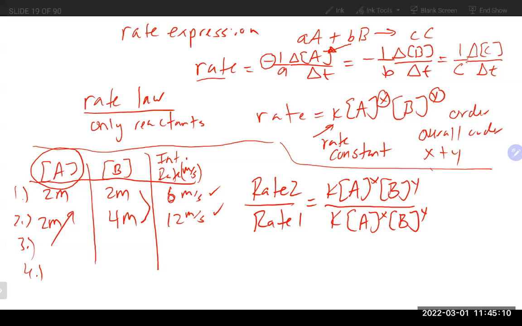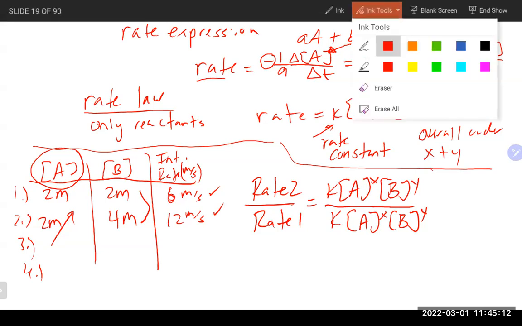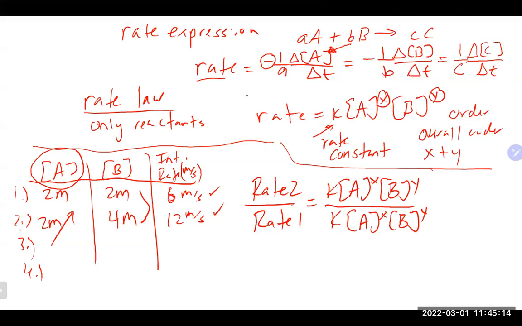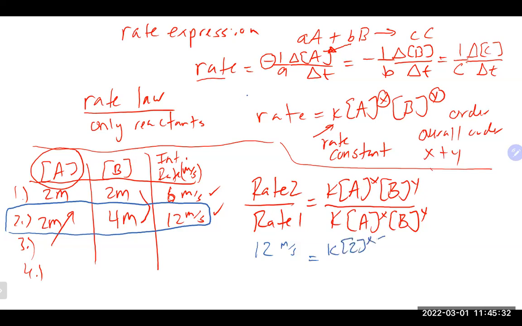So if I was going to take those two, I would take all the information for entry number 2, since it has the larger rate, and put that across the top. In my example, that would be 12 is equal to k, the concentration of A is 2 to the x, the concentration of B is 4 to the y.